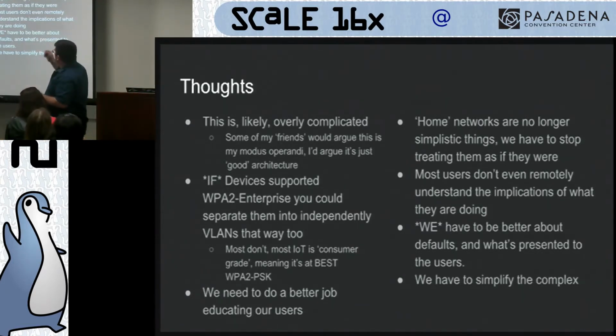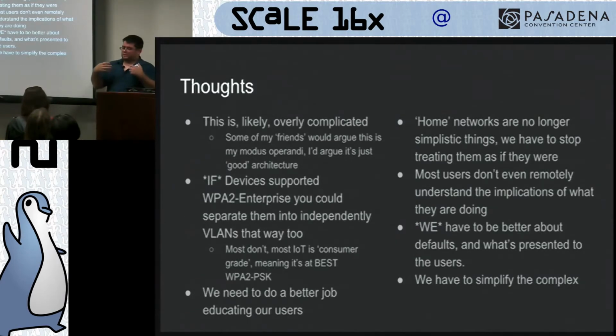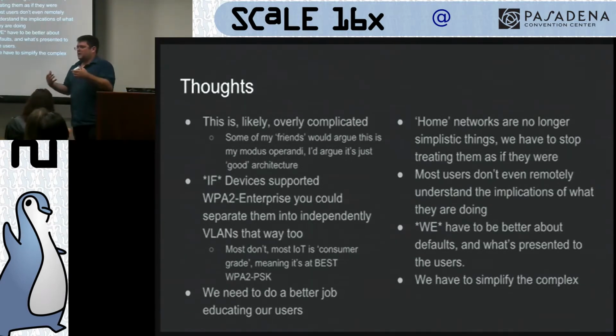Home networks are no longer simplistic things. They can't be. The belief that they are is just silly. Most users don't understand what they're actually getting into. Frankly, most of us don't know what we're getting into with networks, but that's a different problem. And we have to be better at every level about the defaults that we give to users. So if you're working in projects like OpenWRT or router stuff, or you're building products, take a look at what you're doing and seriously ask, does this make sense?